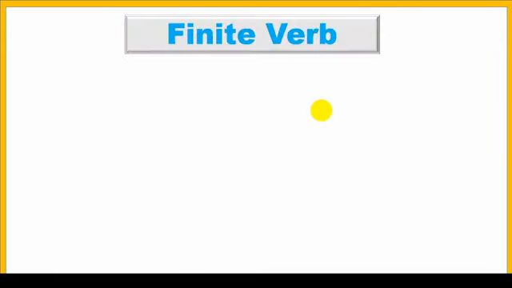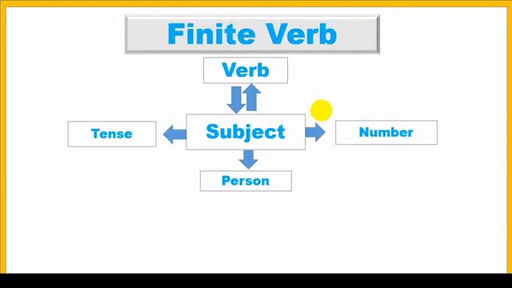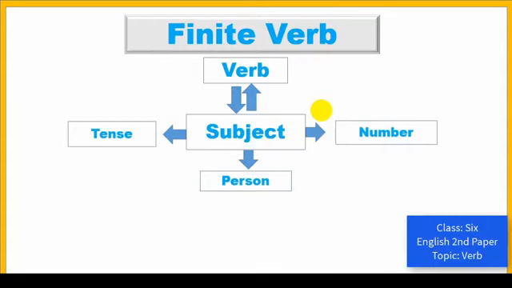First of all, we will learn what is finite verb. Dear students, finite verb is a verb that has a finite or limited agreement with the subject, and the finite verb can be changed according to tense, person or number.